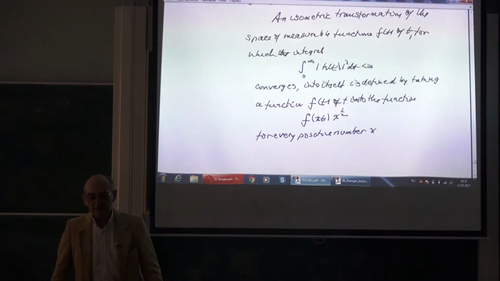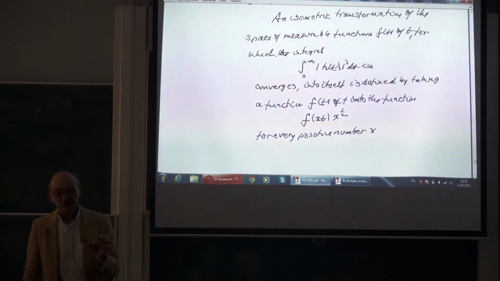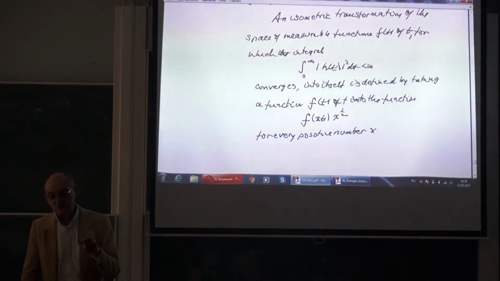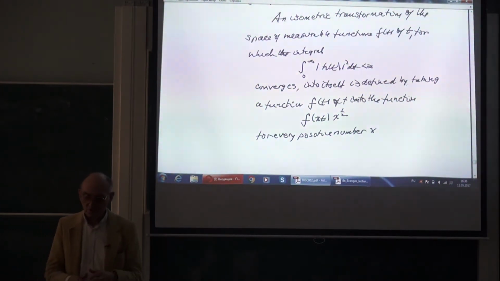Now, the formulas that are involved here, and I'm not going to discuss them now, are very remarkable because they exhibit the fact that if the given function h of t vanishes in a neighborhood of the origin, and if its Hankel transform of order 0 also vanishes in the neighborhood of the origin, then the functions f and g also vanish in a neighborhood of the origin.